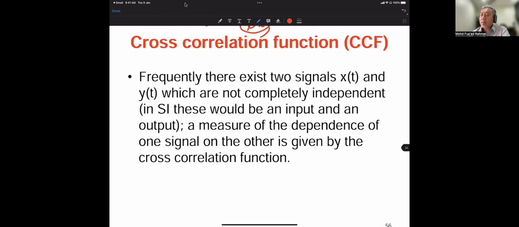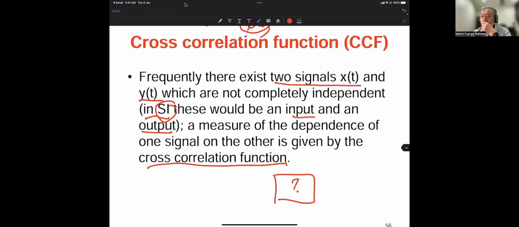Frequently, there exist two signals x(t) and y(t) which are not completely independent. In system identification, these will be the input and the output. The measure of the dependence of one signal on the other is given by the cross correlation function. Of course, when we inject the signals, we want to see the response.